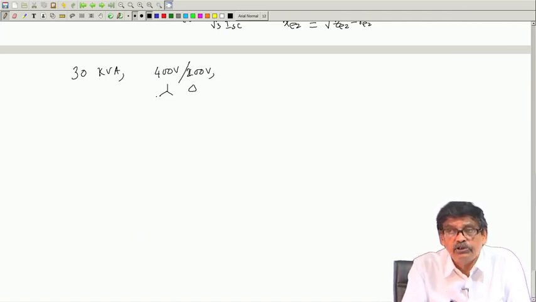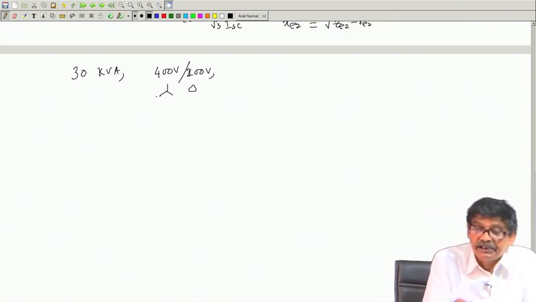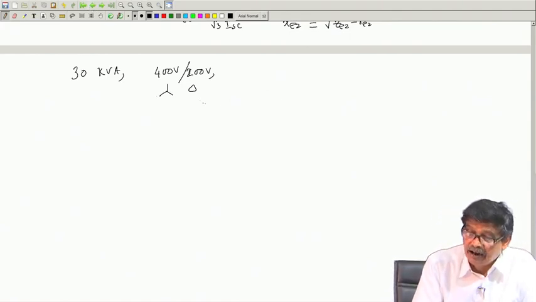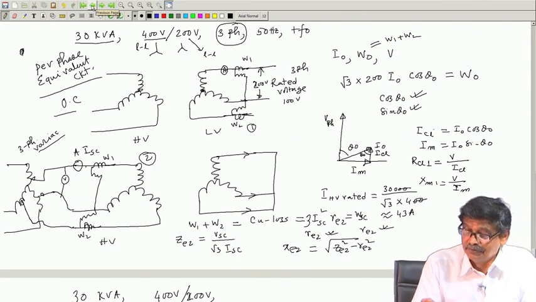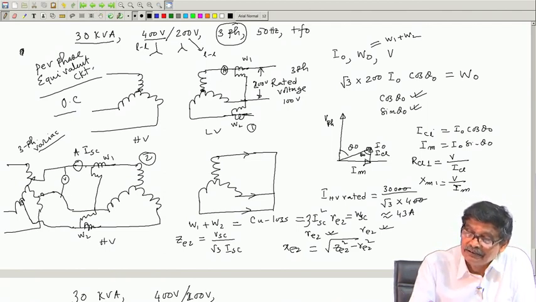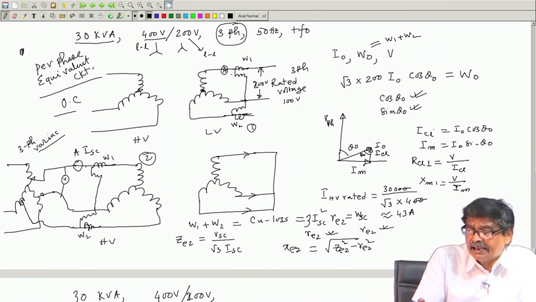Okay, you have to carry out the open circuit and short circuit test, because the readings we are taking are only the line readings, is it not? While carrying out the test, I am measuring the line quantities. In fact, you do not need the information whether inside it is star or delta connected.